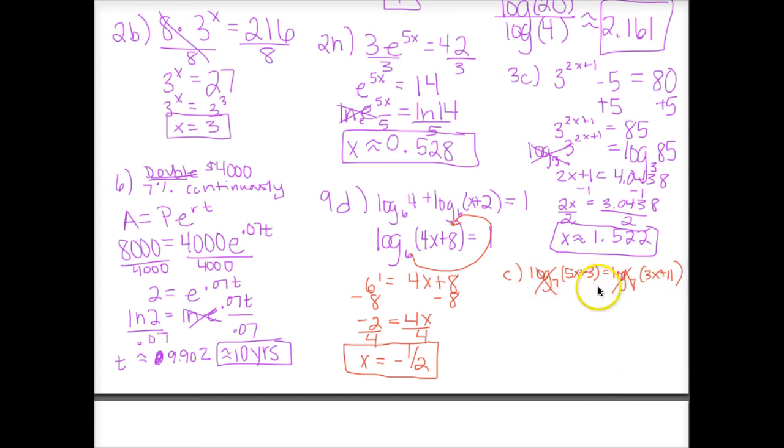So now this is just a simple pre-algebra, algebra 1 equation, 5x plus 3 equals 3x plus 11. So subtract 3x on both sides and subtract 3 on both sides, so you get 2x equals 8. Divide by 2 and x is 4. Again on the logs, don't forget to plug it back in and make sure that it works.